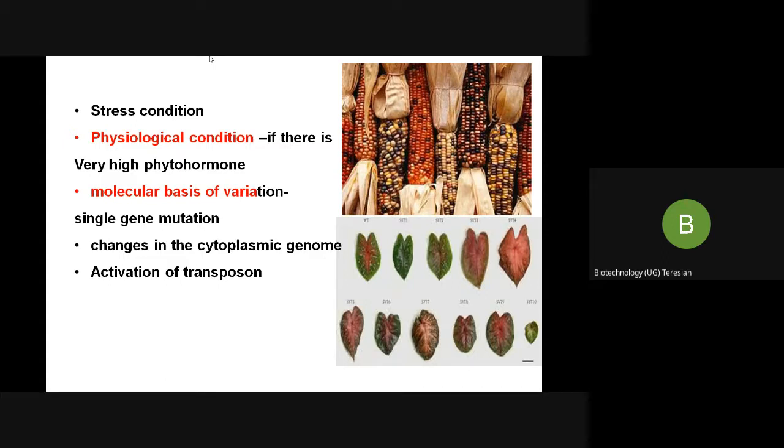So these changes happen, but not immediately. If you say some somaclonal variation has happened in this leaf, can you see the changes immediately? No, it will take a long period of time. Immediate changes cannot be seen.